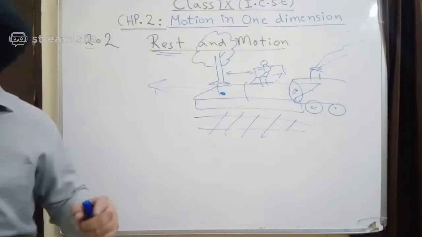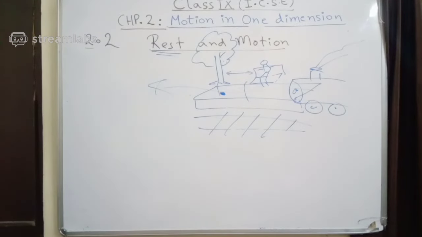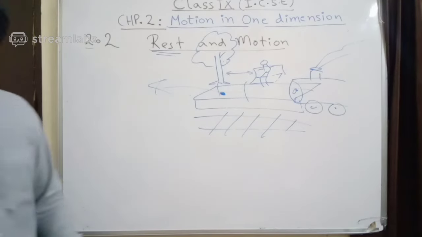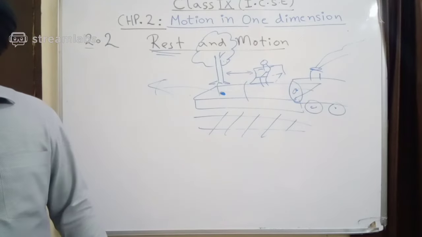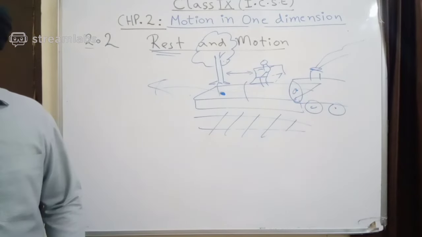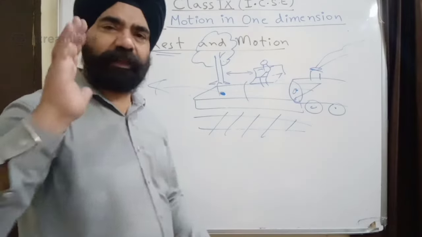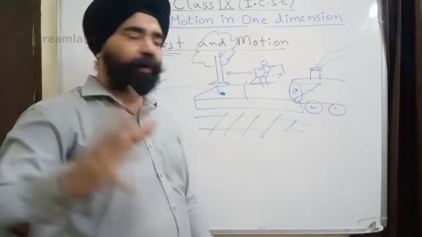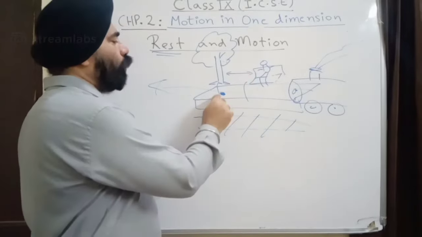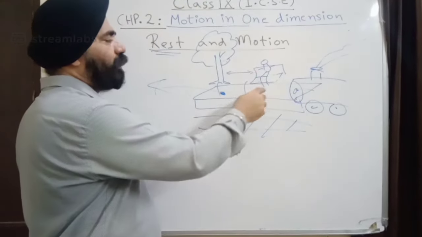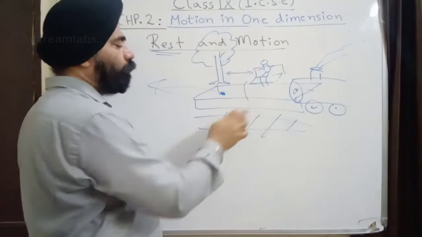Okay, let me read quickly what is given in your book. A body is said to be at rest if it does not change its position with respect to its immediate surroundings, while a body is said to be in motion if it changes its position with respect to its immediate surroundings. So they are talking about immediate surroundings, so we focus on the immediate surroundings. So this stone is not changing its position with respect to immediate surroundings, with a tree, with a bench.